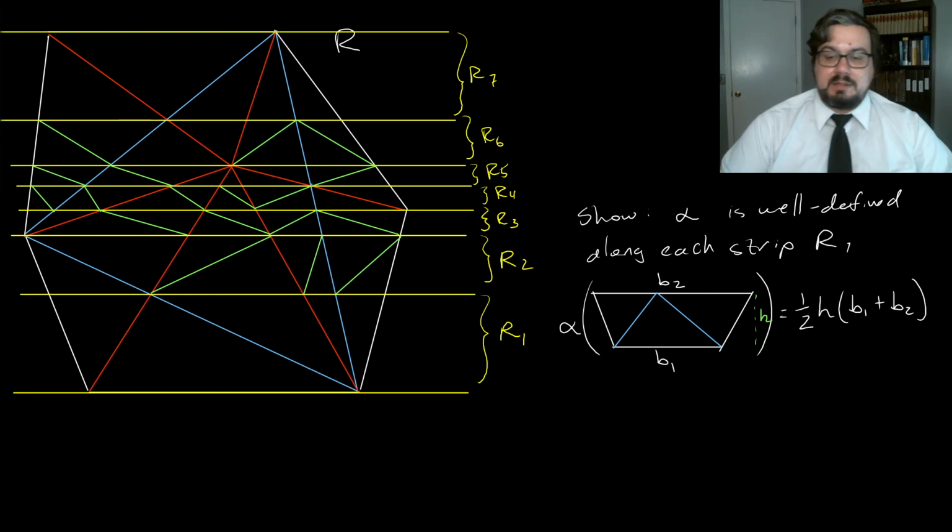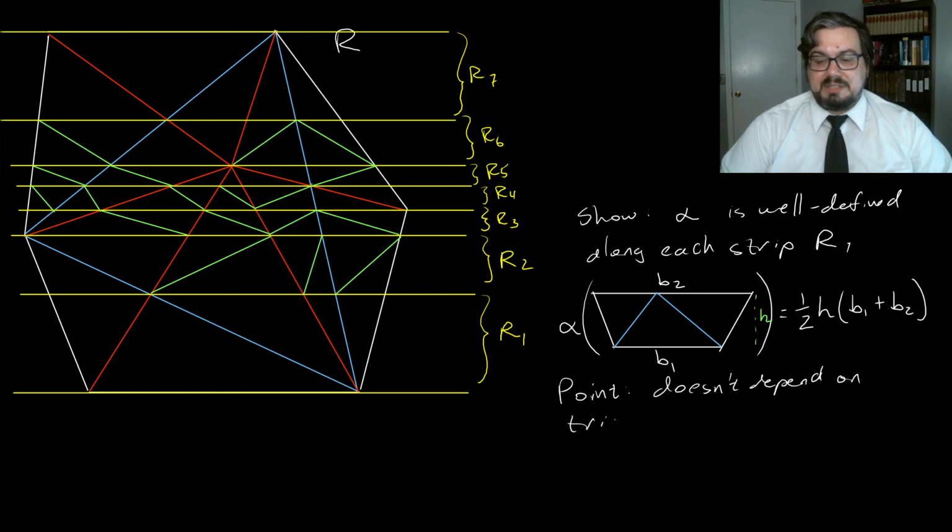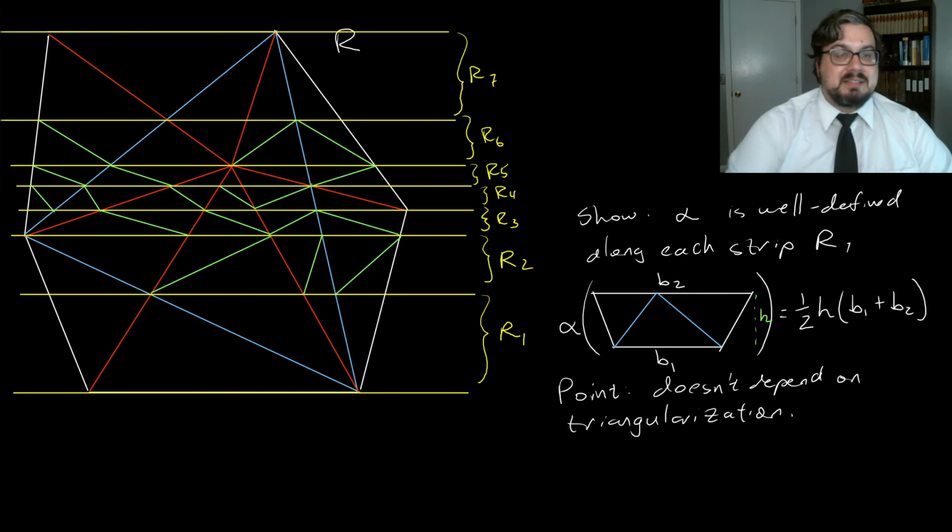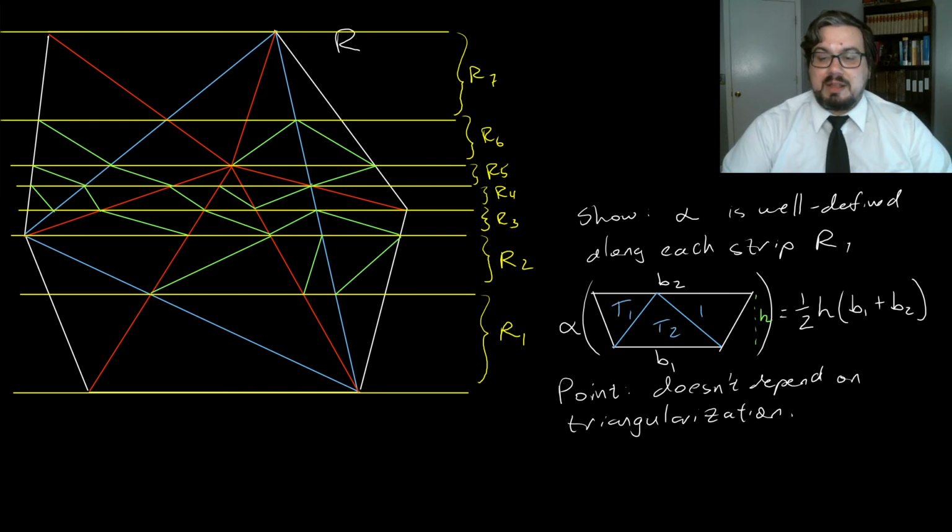But the point of this is to show that this doesn't depend on the triangularization. What you do is you show that the sum of the areas of these three triangular regions is always equal to this expression over here, which only depends on B1, B2, and H, and not the specific makeup, size, or anything of T1, T2, and T3.